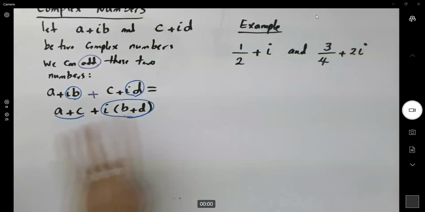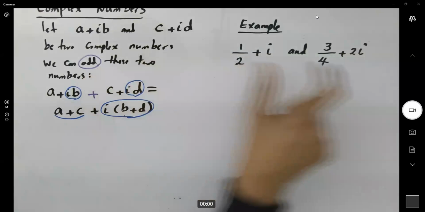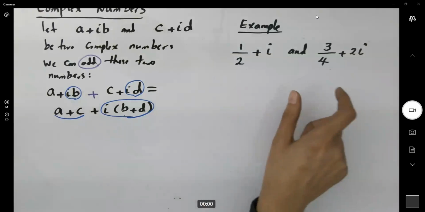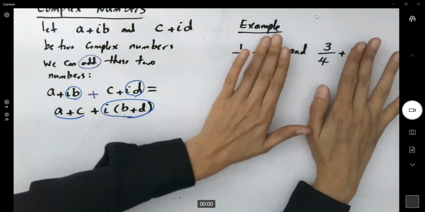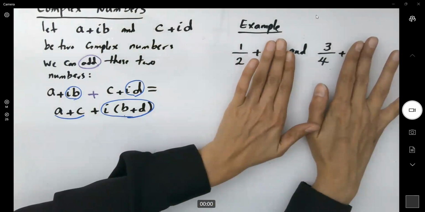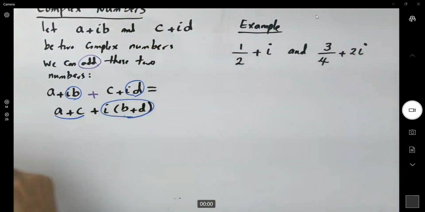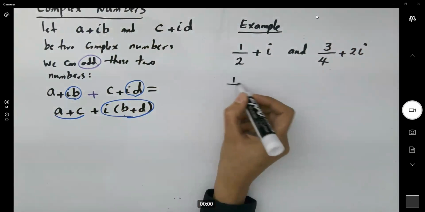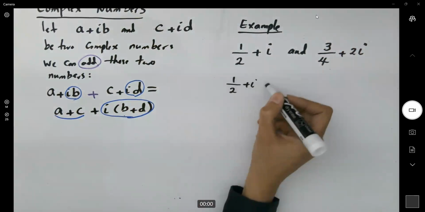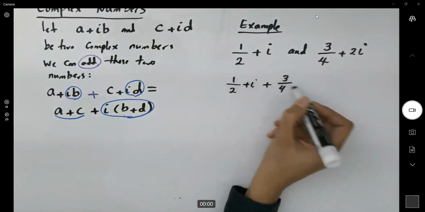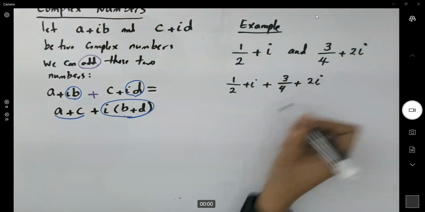Okay, very good. My goal is to add these two numbers. So what are you going to do? You're going to add the real part, and then you're going to add the complex part, one by one. So here you have a half plus I plus 3/4 plus 2I.